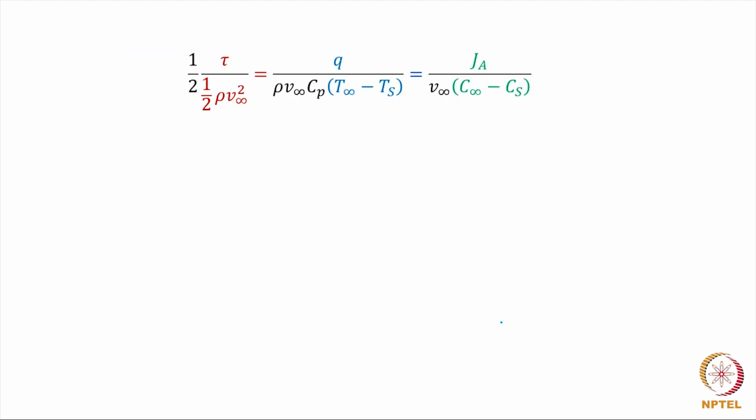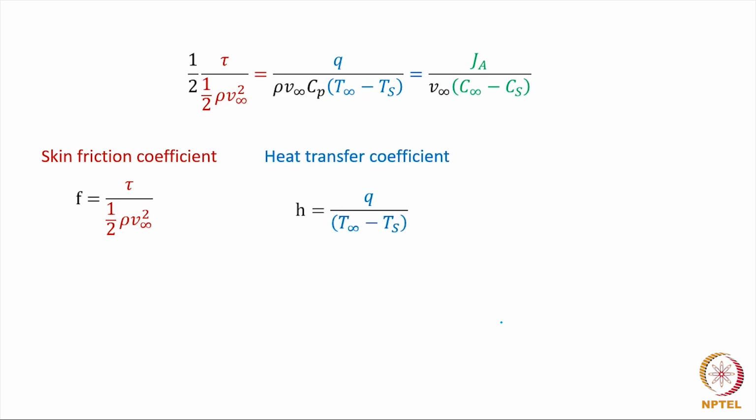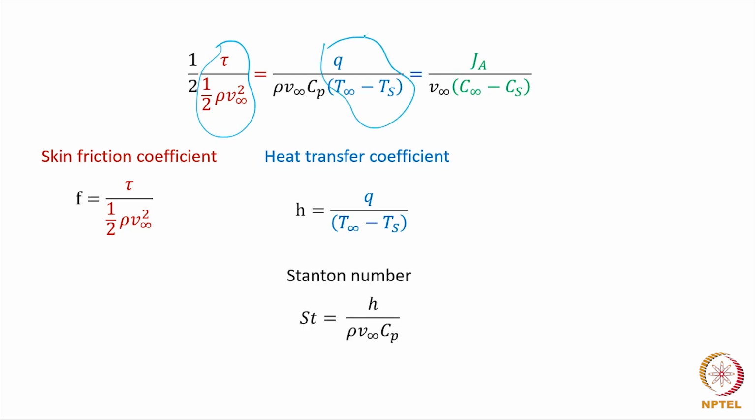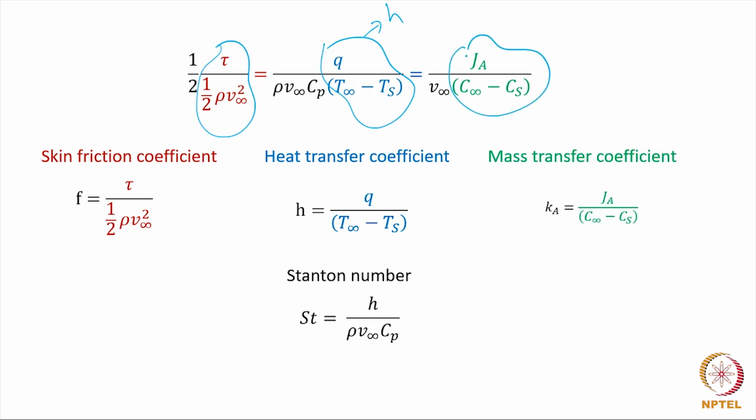So when we put these quantities together, we realize that in the first term we have the skin friction coefficient sticking out, and in the second term we have the heat transfer coefficient coming up, and when we plug in this heat transfer coefficient, then h by rho V infinity Cp will actually come out to be the Stanton number, which is defined at this juncture, and the last coefficient we have here is the mass transfer coefficient.